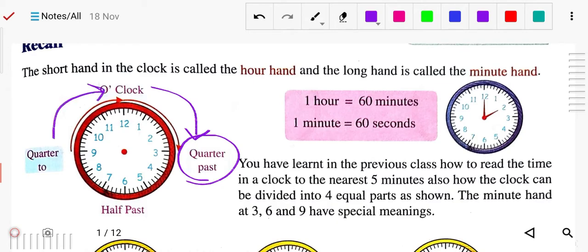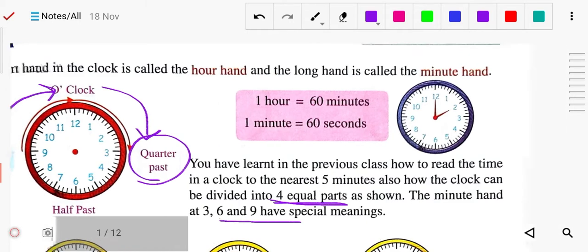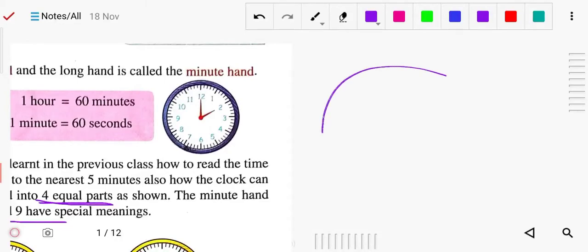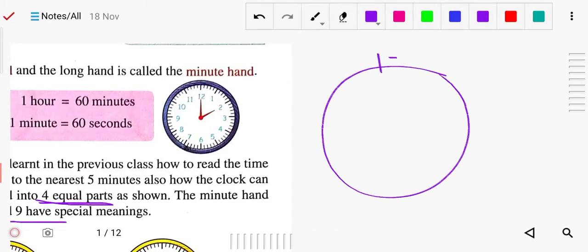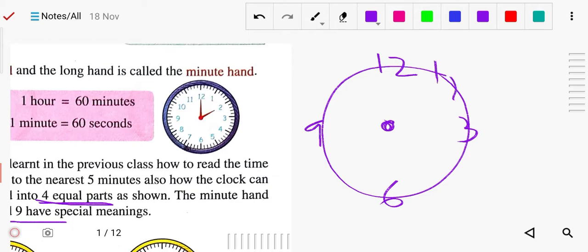First of all, understand that this clock, with 3, 6, 9 and 12, is divided into four equal parts. Just try to understand. Suppose this is your clock. Here is generally 12, here is 6, here it is 3, and here 9. In the middle part are 1, 2, 4, 5, 7, 8, 10 and 11.